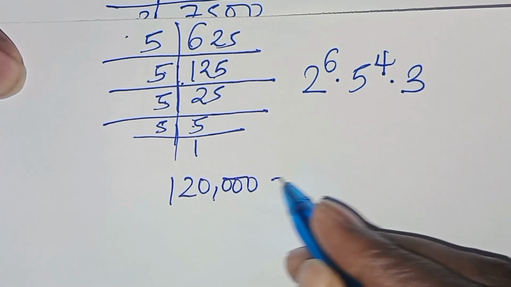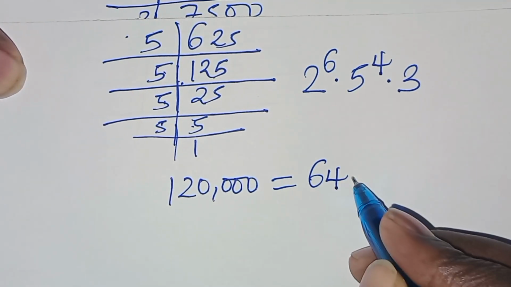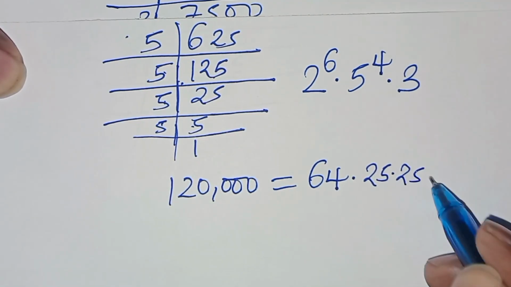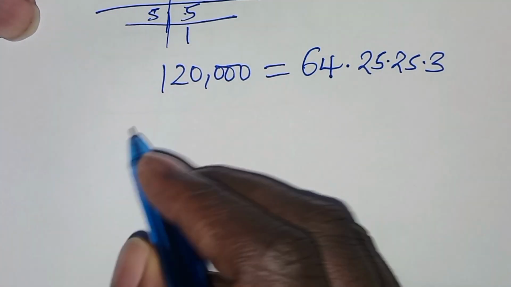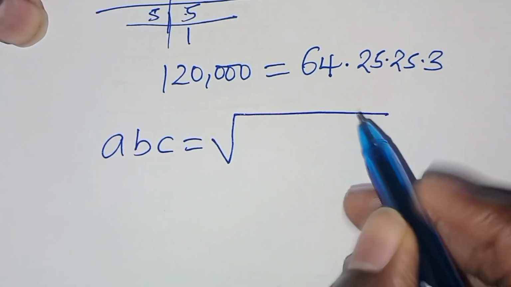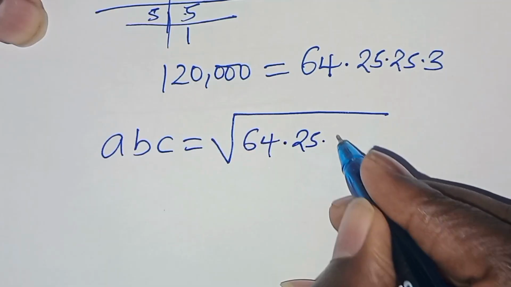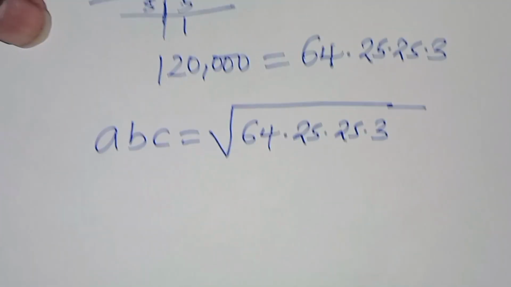So this implies that 120,000 is the same thing as 2 to the power 6, which is equal to 64, times 25 times 25 times 3. So a, b, c is equal to the square root of 64 times 25 times 25 times 3.